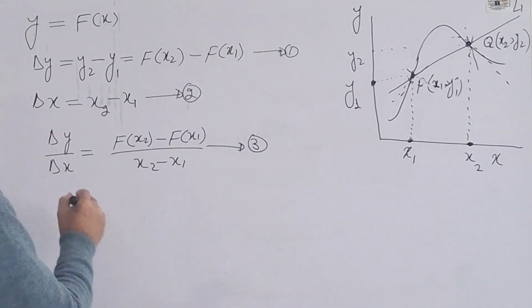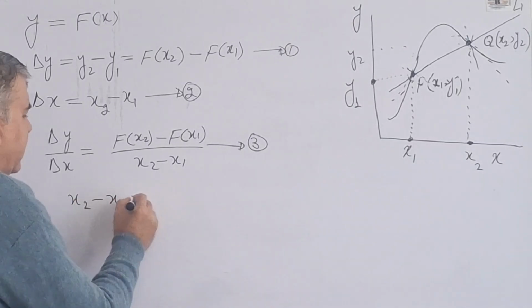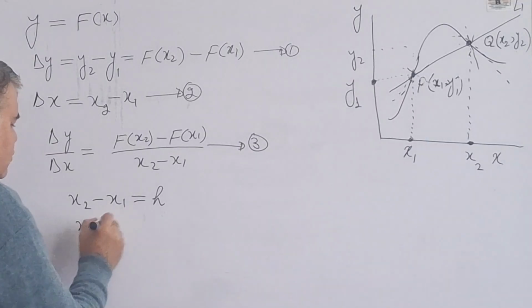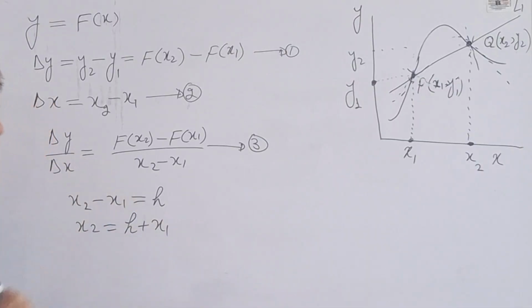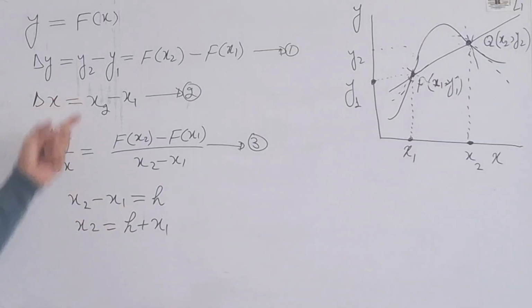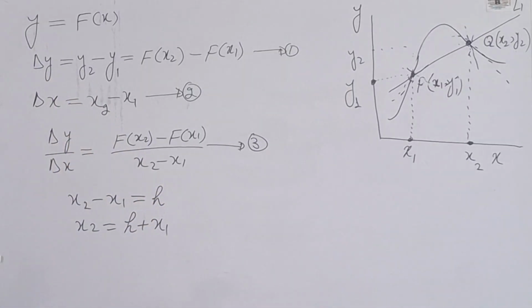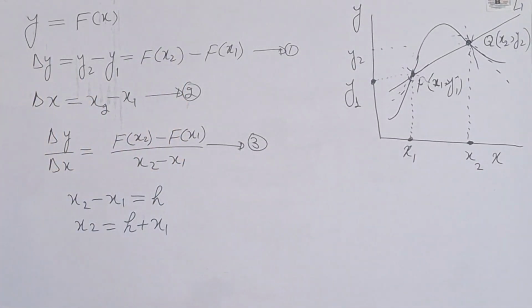So I write equation 2 in the form x2 minus x1 equals h, or I can write x2 equals h plus x1. In fact, I am parameterizing equation 2 in terms of h, where h provides certain values along the independent variable.